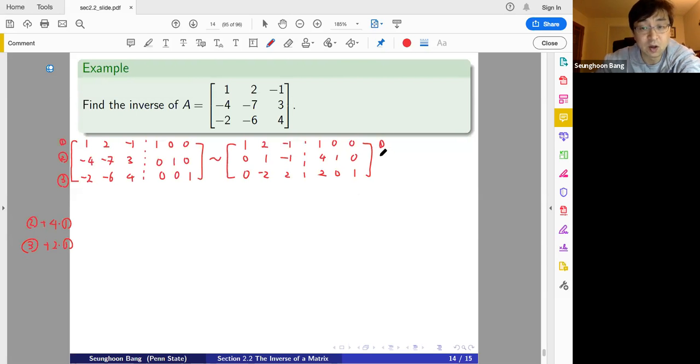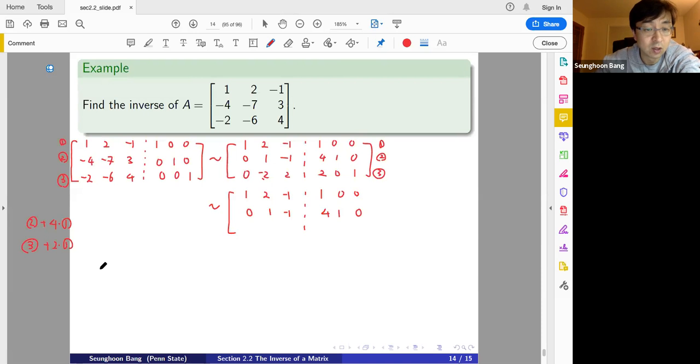This is the first row, second row, third row. You have to keep the first row 1, 2, minus 1, 1, 0, 0, and the second row 0, 1, minus 1, 4, 1, 0. So how can you eliminate this negative 2?